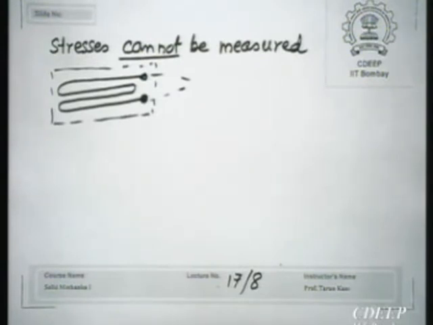We cannot go inside. So strains can be measured only on the surface of the body. Luckily, it so happens that the maximum stresses occur at the surface. And since as designers we are interested in the maximum, it is all right. So the surface is not bad. We cannot go inside, so we will find out the surface strains.